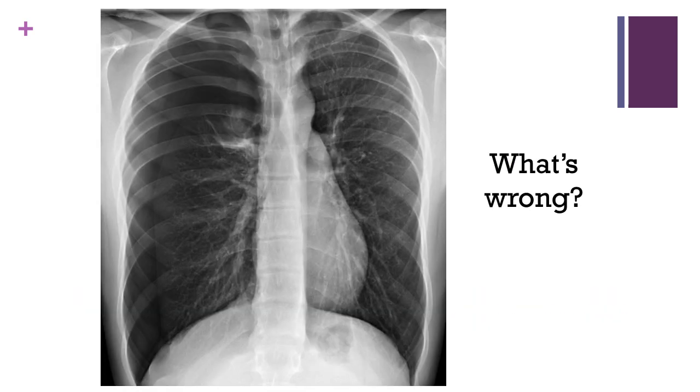So let's take a look at a couple of chest x-rays. This chest x-ray is actually a very classic type of chest x-ray, and the thing that we should note is that there's a little bit of a hazy branching pattern on the right hand side, and we see a small amount of that on the left hand side just opposite of the heart.